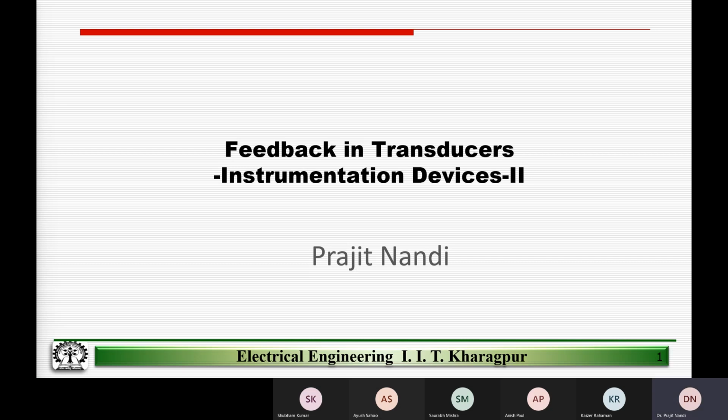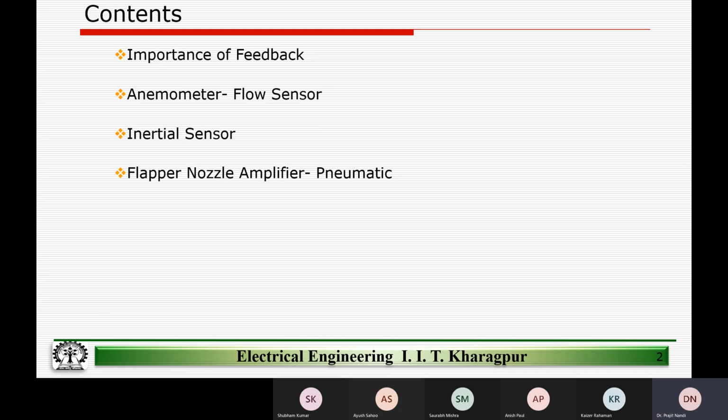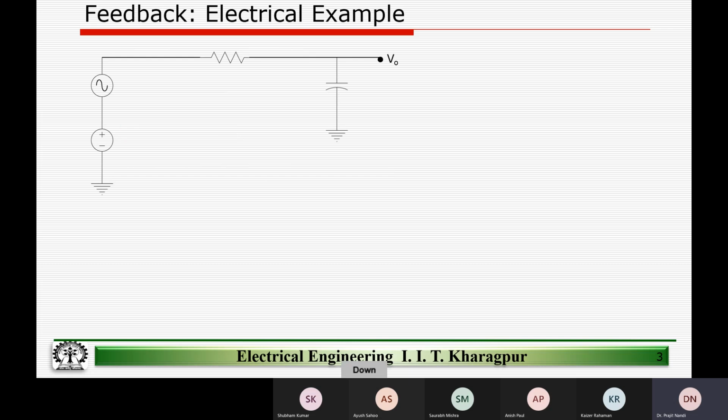What we are going to discuss is the importance of feedback. Then we'll discuss the anemometer, which is nothing but a flow sensor. We are also going to look at the utility of feedback in inertial sensors. And then we are going to look at the flapper nozzle amplifier, which is nothing but a pneumatic or pressure sensor.